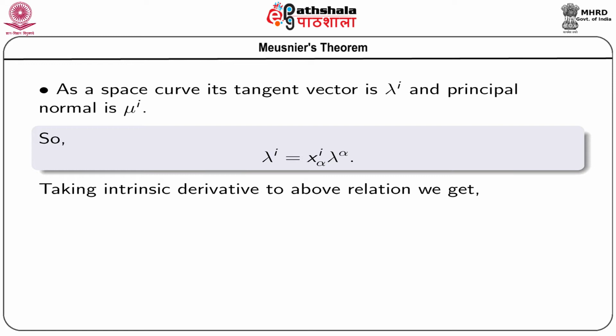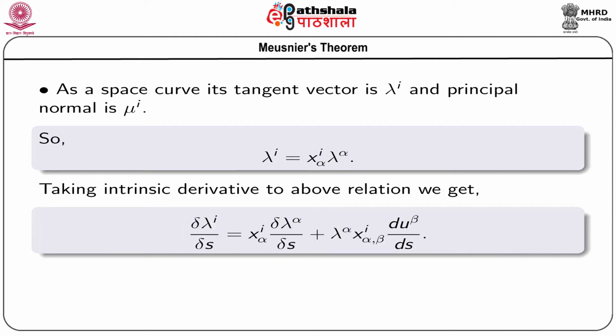Now, taking intrinsic derivative of the above relation, we get del lambda I del s equals xi alpha del lambda alpha del s plus lambda alpha.